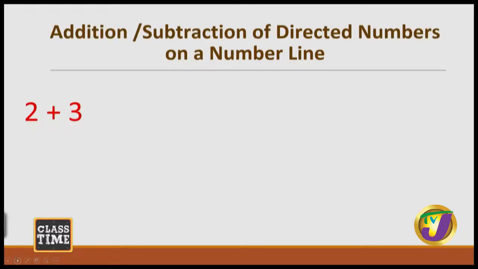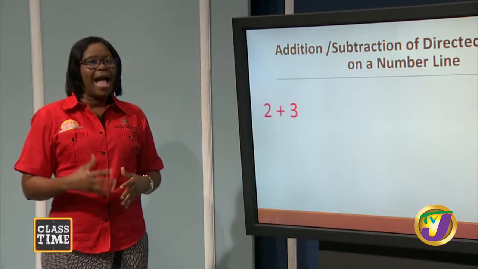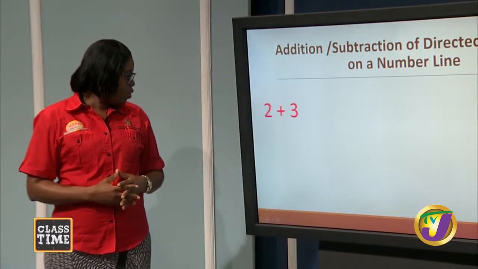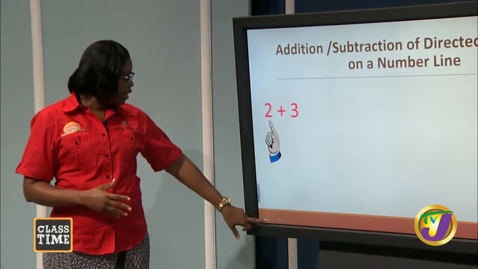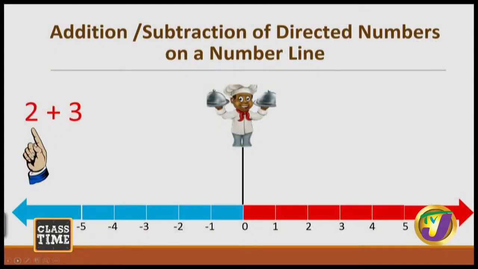So here we have an example where positive 3 is being added to 2. Will there be an increase or a decrease? That's what we need to ask before we start anything. Seeing that we're adding positives here, we're suggesting that there's going to be an increase. So here we have our number line. The first thing we need to do is to identify our positive 2 on the number line. That's 2 distances away from 0.